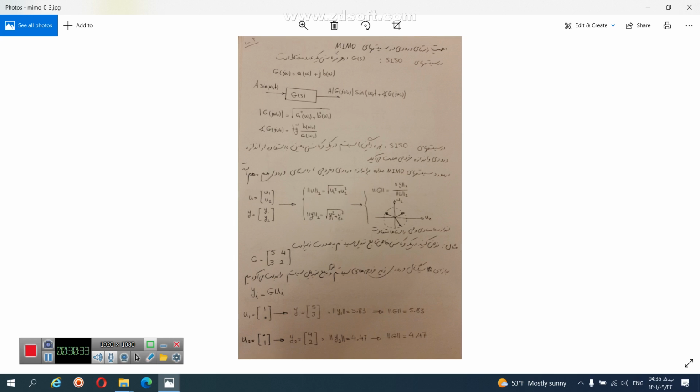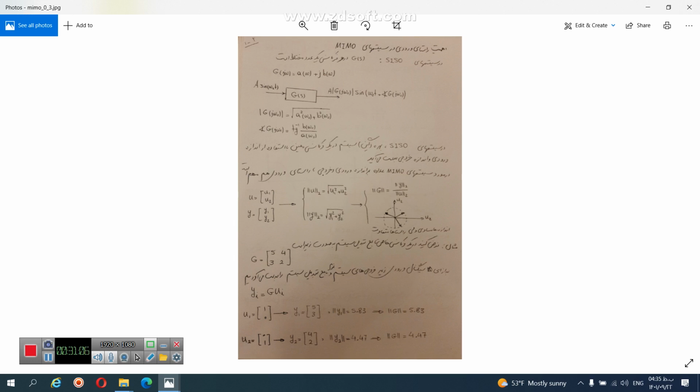The norm of u1 is 1. This means this is a point. Yes, this is the point u1. For example, u2, this is this point. Both of these have norm of u equal to 1.